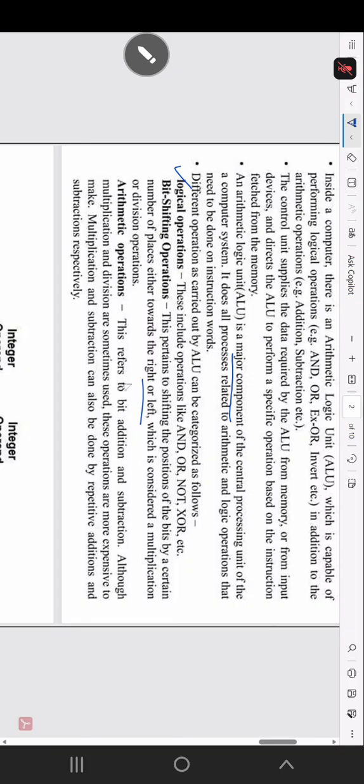And arithmetic operations: this refers to bit addition and subtraction. Although multiplication and division are sometimes used, these operations are more expensive to make, and multiplication and division can also be done by repetitive addition and subtraction respectively.